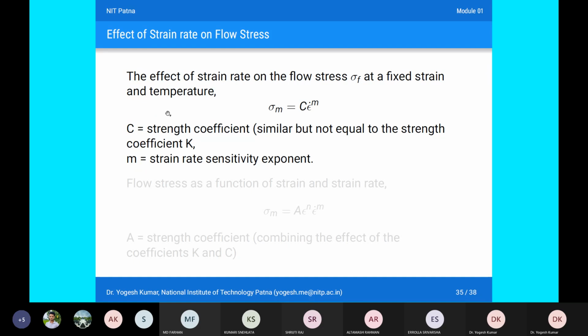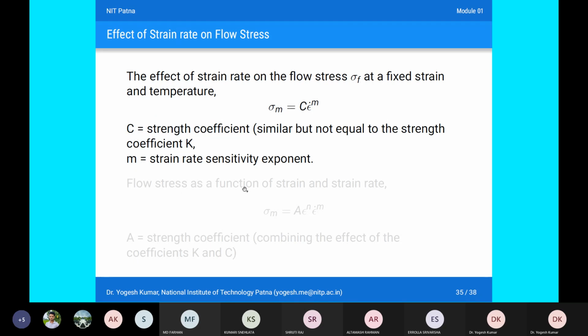It is similar to your strength coefficient, but it is not equal to your strength coefficient. It is a constant. Then m is your strain rate sensitivity exponent in the case of this particular equation.